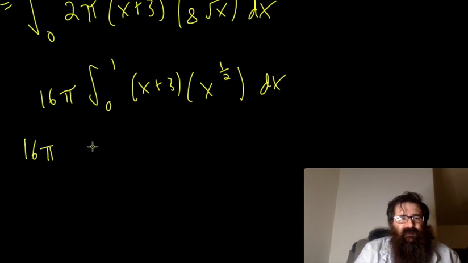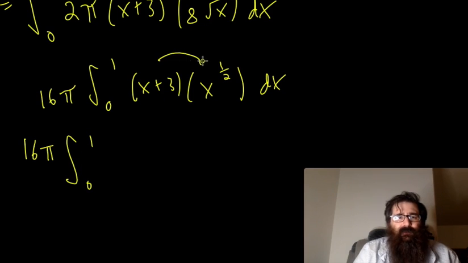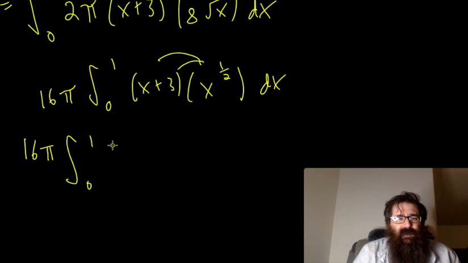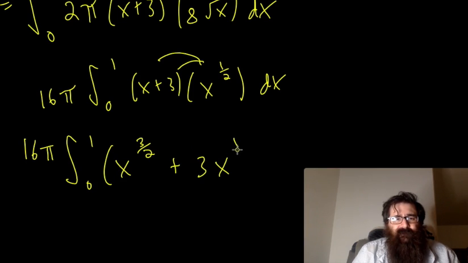I have 16 pi in front, and then I have the integral from 0 to 1. Let's distribute. X times x to the 1/2, think of it like x to the first. I'm going to want to add the exponents, so that's going to give me x to the 3/2. And then plus, here we have 3 times x to the 1/2, so that's 3x to the 1/2 with respect to x.